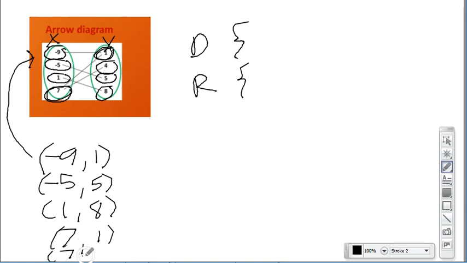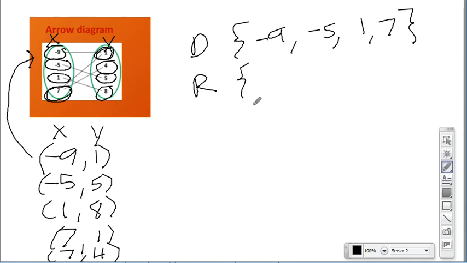Sorry, I ran out of space here. Okay? Now these are our x values and these are our y values. So the domain of this relation would be -9, -5, 1, and 7. The range of this relation is 1, 5, 8, and 4.